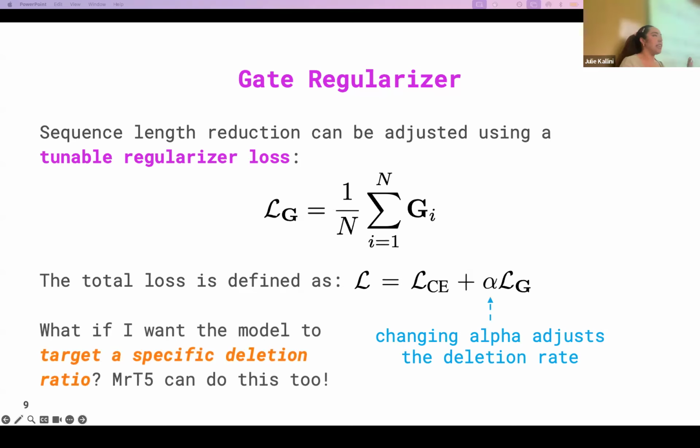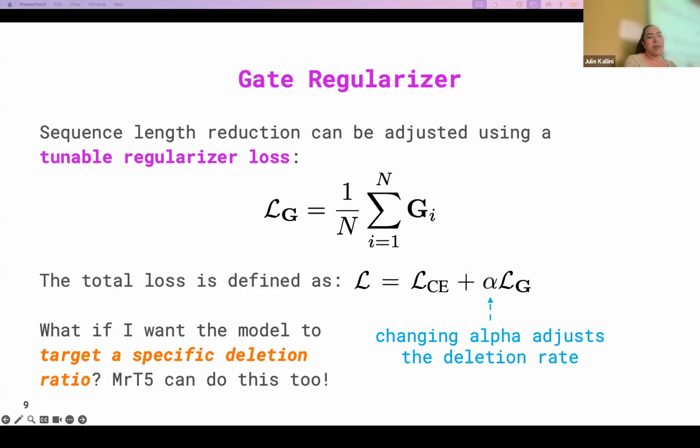The loss as it's currently formulated on this slide can nudge the model to have more or less deletion. But if you want to target a specific ratio of deleted tokens, let's say I want 50% of the sequence to be reduced in order to target a specific amount of runtime speedup, we actually have an algorithm that can do that. It uses a controller algorithm that I don't have time to go over in this talk, but I would be happy to answer questions about it.